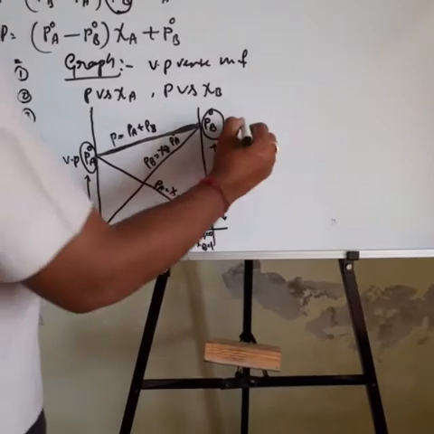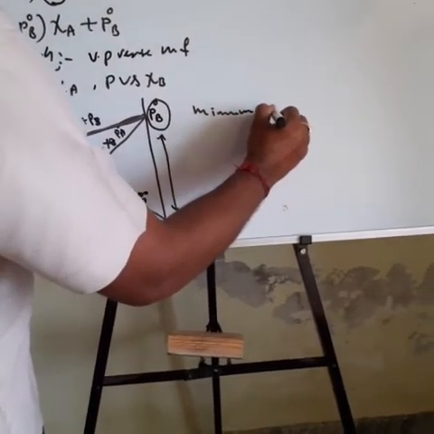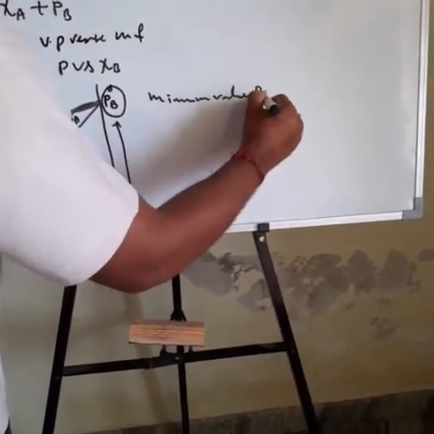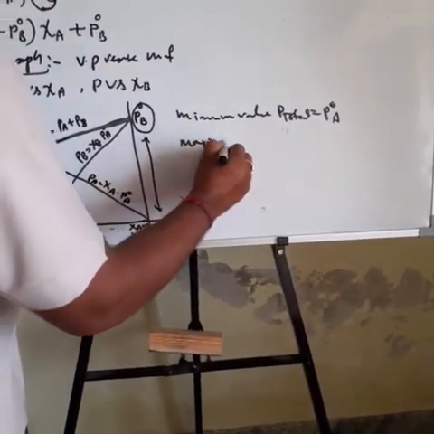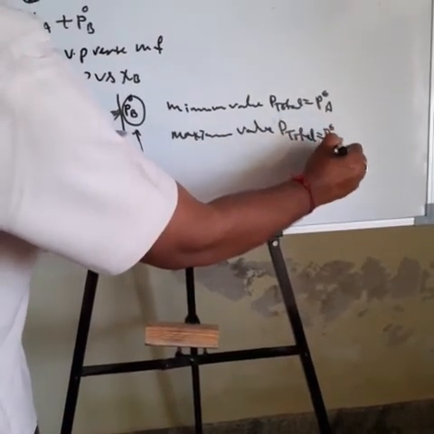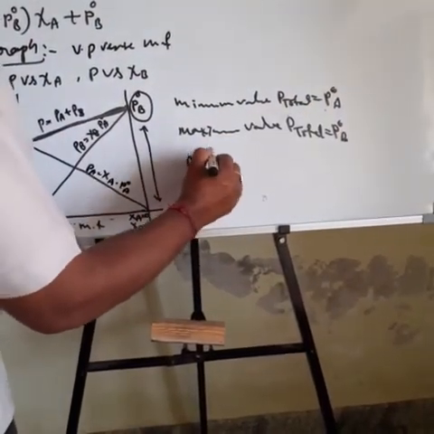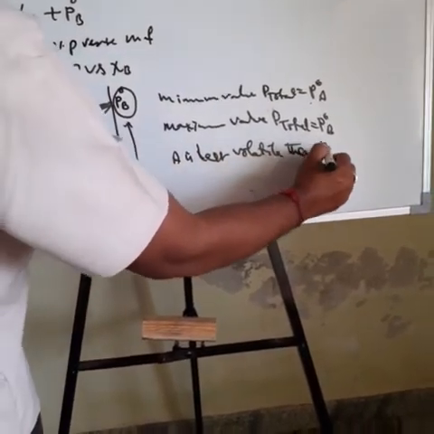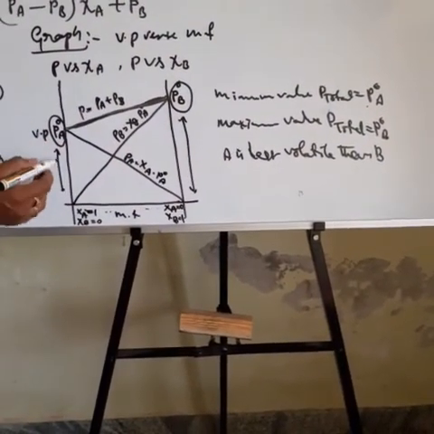That indicates the minimum value of total pressure is equal to P naught A. The maximum value of total pressure is P naught B. It means your compound A is less volatile than B. That's why here A is less volatile, meaning the vapor pressure of A is less.